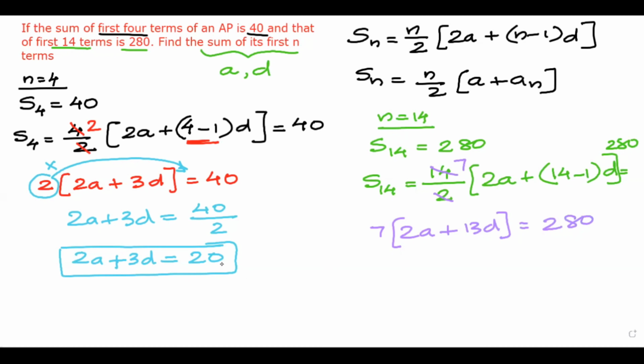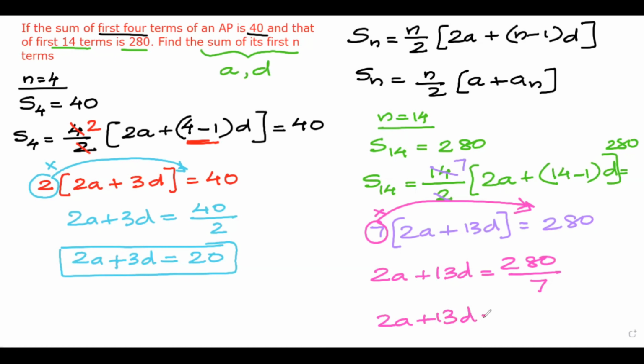In the next step, we can take this 7 to the other side, where it becomes division. So 2a plus 13d is equal to 280 by 7, which is 40. So this is the second equation we got.